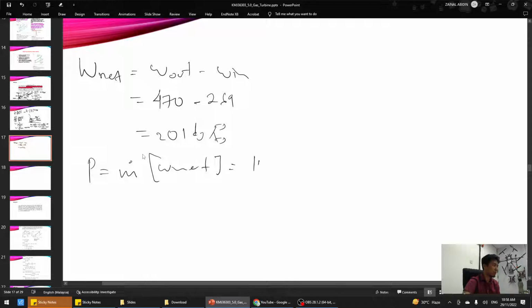M dot given ialah 15 kilogram per second. Kemudian work net kita dapat 201 kilojoule over kg.